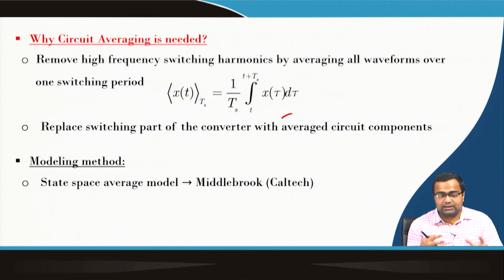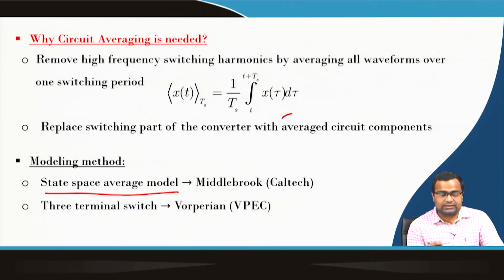And then how do we model? Some modeling techniques we discussed so far: the state space average model, which was proposed by Middlebrook from Caltech. It is a very well known and very frequently used technique. Then the 3-terminal switch model was proposed from Virginia Tech.